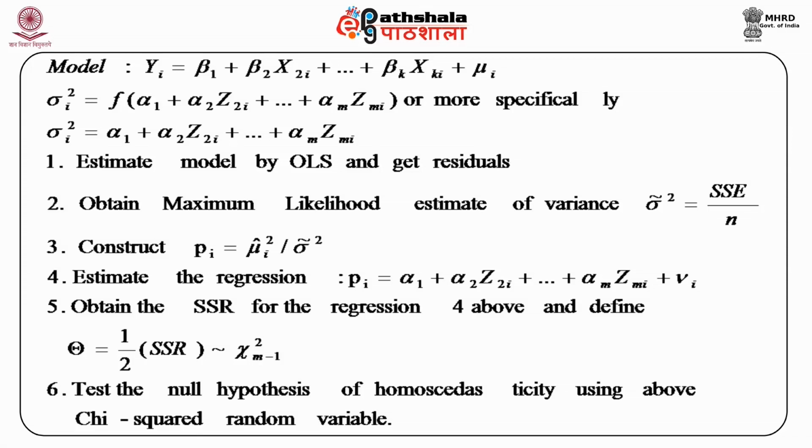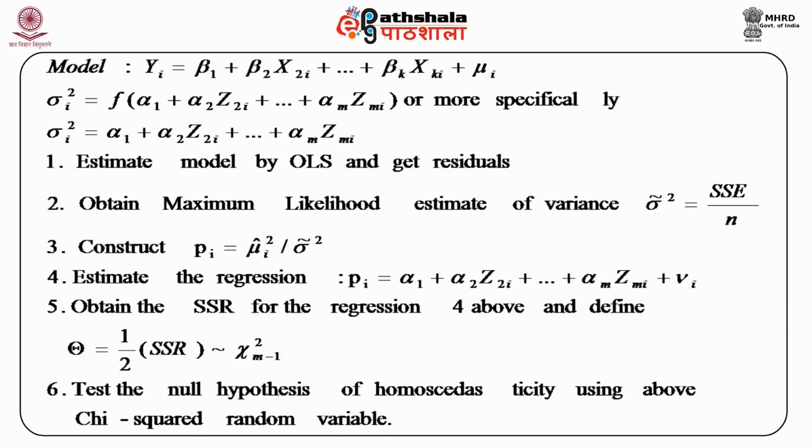To demonstrate this test, first consider the following linear regression model: yi is equal to beta 1 plus beta 2 x2i plus beta k xki plus ui. Also assume that the error variance sigma square is a linear function of some non-stochastic variables z's as shown in the equation 1.